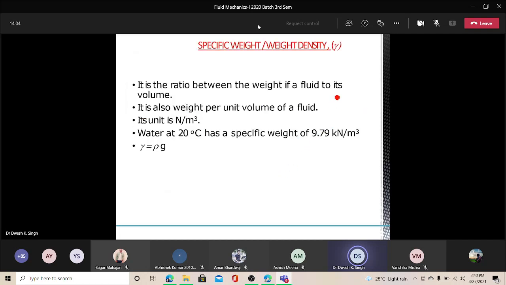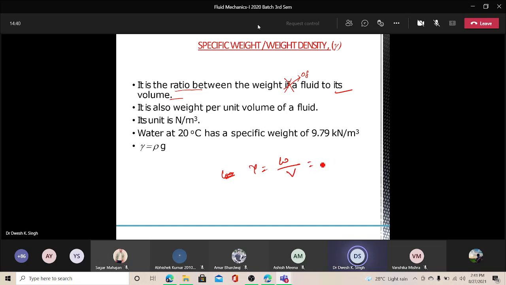Now, this second one. Specific weight is the ratio between the weight of a fluid and its volume. Here I think the slide is wrong; it should say 'or', not 'if'. So mathematically, let me express this line in terms of mathematics. Let me take gamma as specific weight: gamma equals W, the weight, divided by its volume.